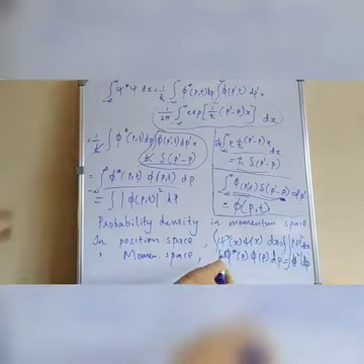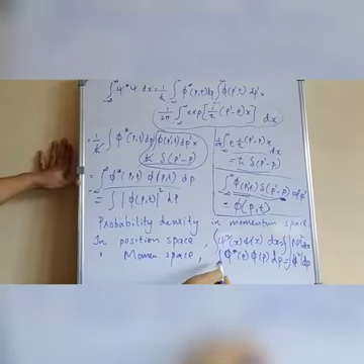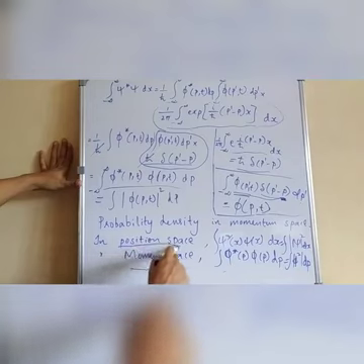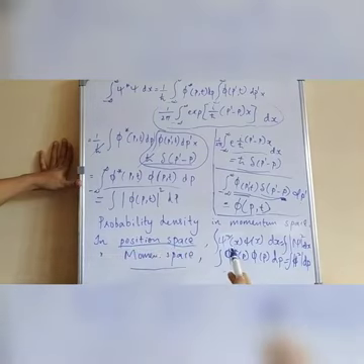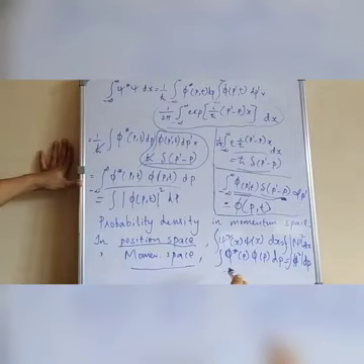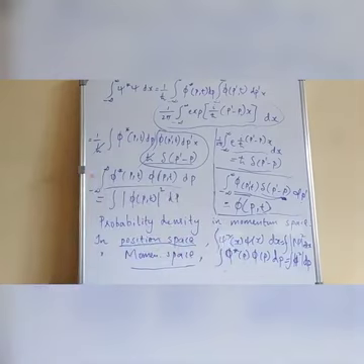So, this is also a probability density in the momentum space. Like we define probability density in position space, we have probability density in momentum space, that is integral phi star phi dp, that is integral mod phi square dp. So, we can define the probability density in momentum space.